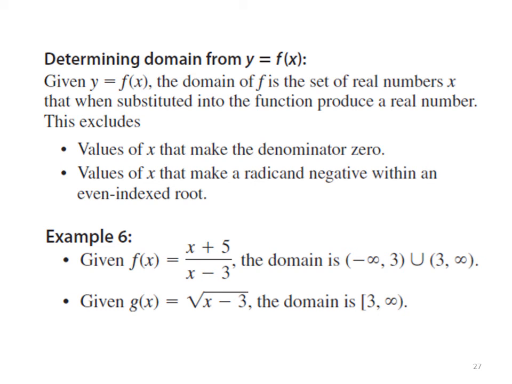So your domain will be the interval from 3 to infinity, including 3. If you substitute any number in this interval, the radicand will be greater than or equal to 0. Then those numbers are all in the domain of g.